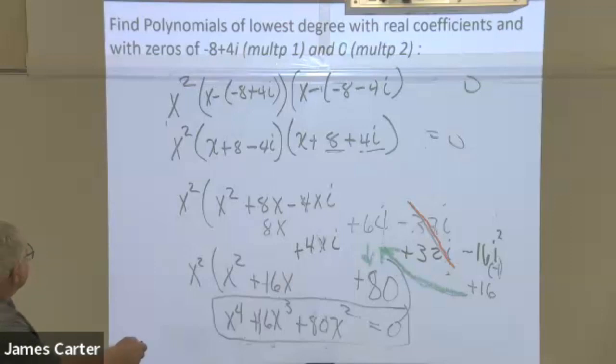It also tells me that I have a zero of 0 with a multiplicity of 2. That means I've got an x squared out front. If it said multiplicity 1, I would have just had an x to the first. If it said multiplicity 3, I would have had an x cubed out here.